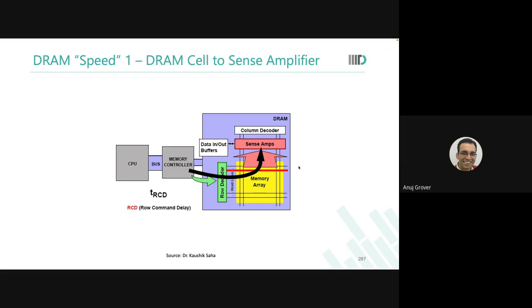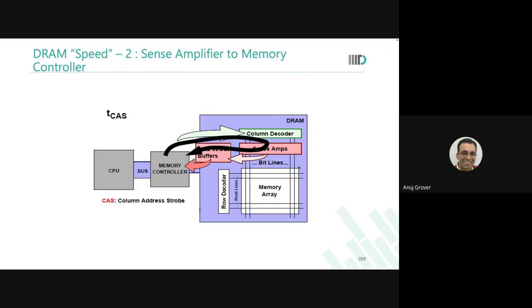Okay, so row command delay TRCD means that you first have to decode the entire row address, select the word line, discharge the bit line, and read the bit line. That is TRCD. Take the output to the sense amplifiers.